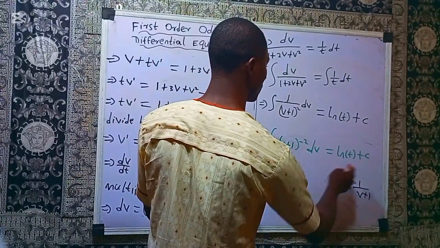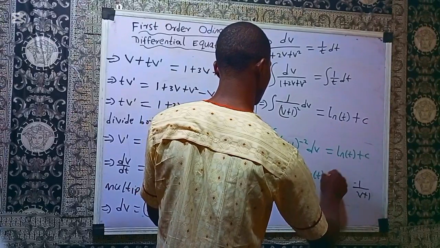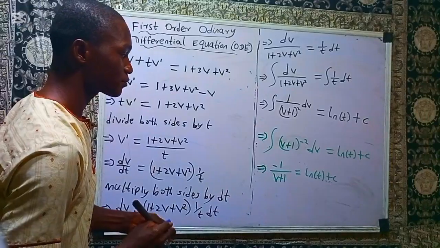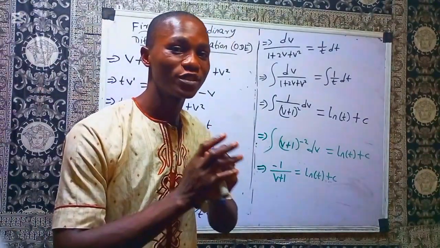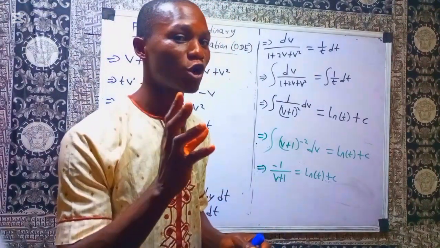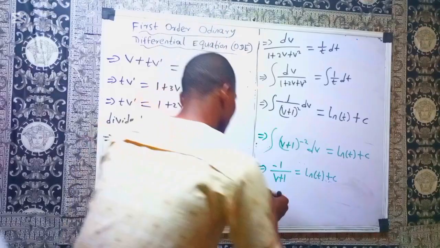So negative 1 over v plus 1 will be equal to ln of t plus c. So we have done the integration. v has helped us to solve this ODE, and now we are going to return our dependent variable.